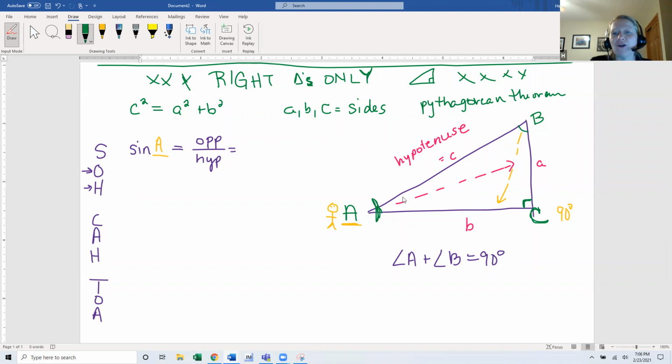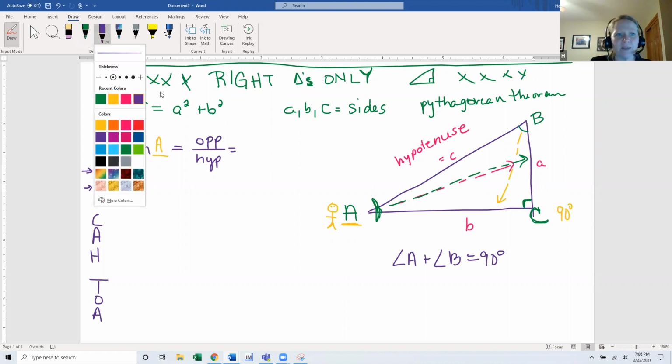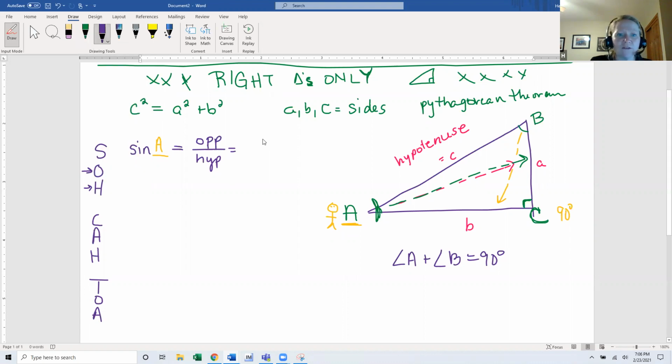And if I look across or opposite from where I'm standing, the little a is the side that is opposite the angle A. It's the farthest from me, it's opposite. All right, so there we go. So this is going to be little a here.